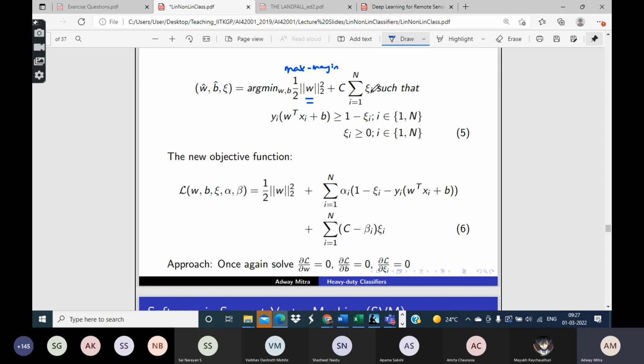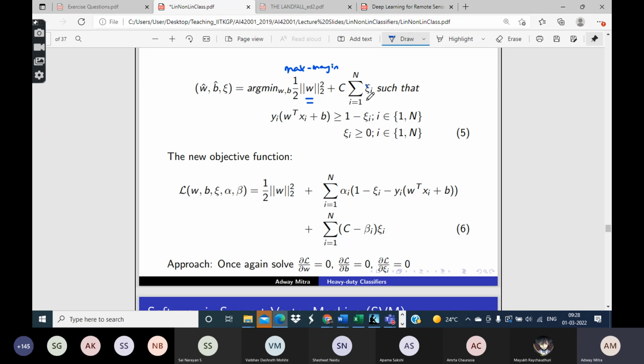Furthermore, I do not want any outliers. Ideally, I want there to be no outliers at all, so that all the points can be correctly classified. If that does not happen, then of course I want to minimize the number of outliers. So what I do is I put the total summation of the slack variables xi in the objective function to make sure that this is also minimized.